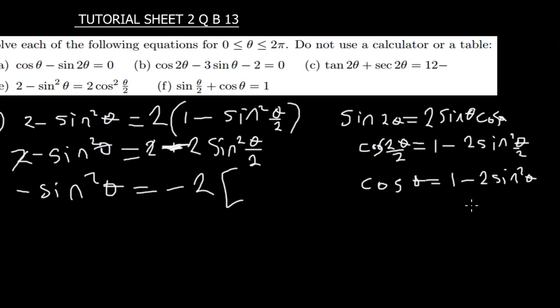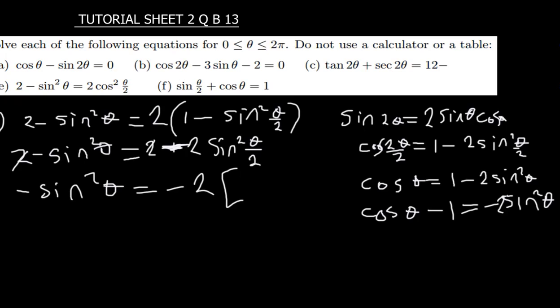So now, having done this, I can just take this one that side. I'll take this one this other side. So I'm going to have cos theta minus 1 is equal to negative 2 sine squared theta. Like that. So meaning where there is negative 2 sine squared theta in this expression, I can put cos minus 1.